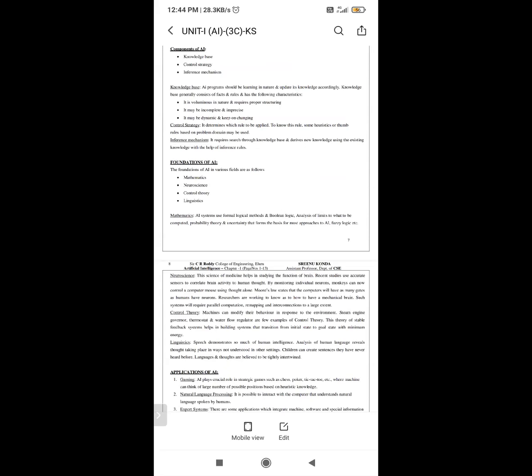So this theory of stable feedback systems helps in building a system that transitions from initial state to goal state with minimum energy. So the energy will be minimized.